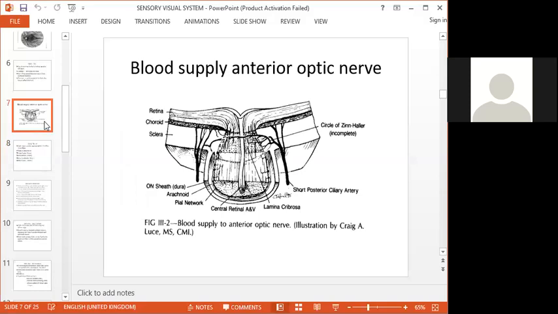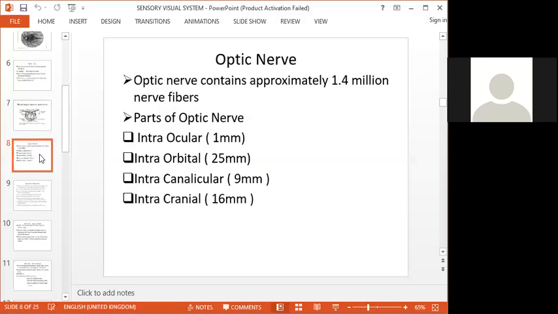As the fibers are starting to come out, that's the intraocular optic nerve. Then intraorbital. After the fibers have come out, they form the optic nerve within the orbit. You call that part the intraorbital.